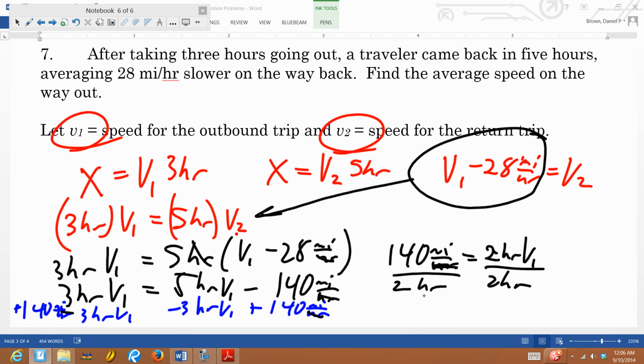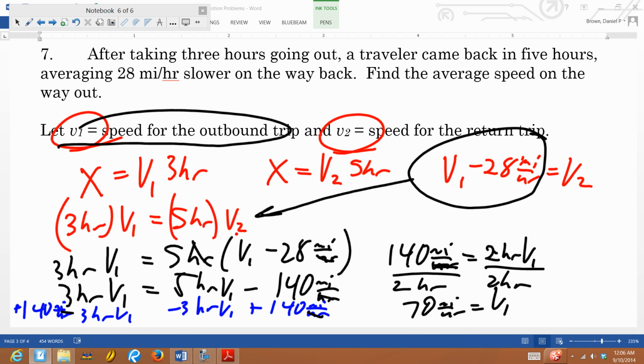Our answer. So the hours should not have been divided. So we get 70 miles per hour equals V1. And that is the speed on the way out, and that's what we're talking about. Next, we're done. Let's go on to our last one.